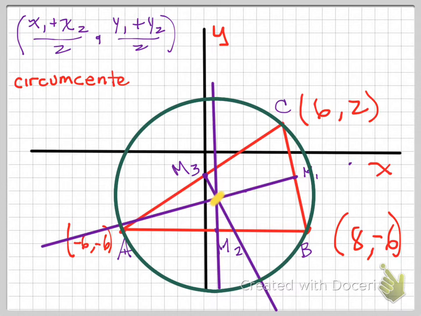The interesting property of the circumcenter is it will always be the center of a circle that circumscribes the triangle. So there's a lot of words there. Notice that all 3 vertices of the triangle are on the circle whose center is at the circumcenter. And the circumcenter is the point where the perpendicular bisectors of a triangle meet. Whew, that's a mouthful right there.